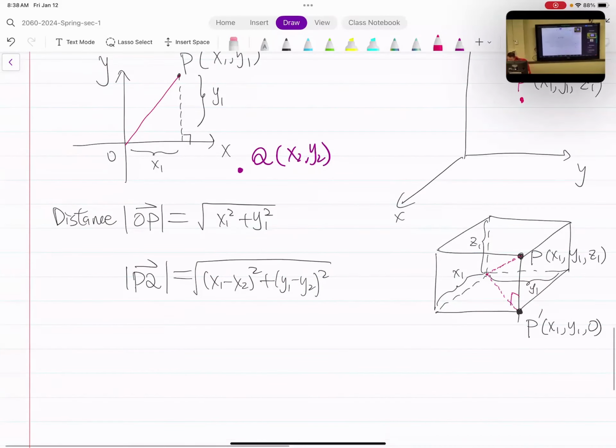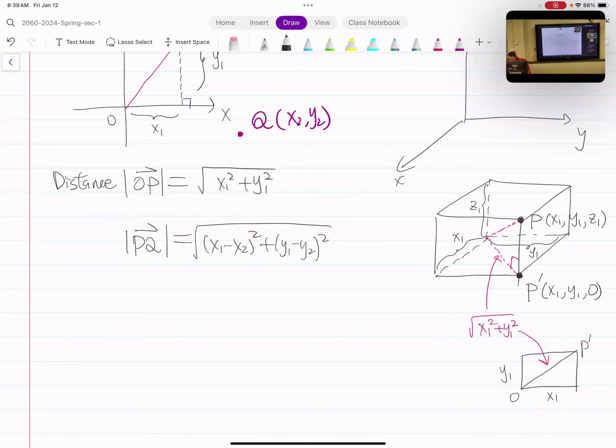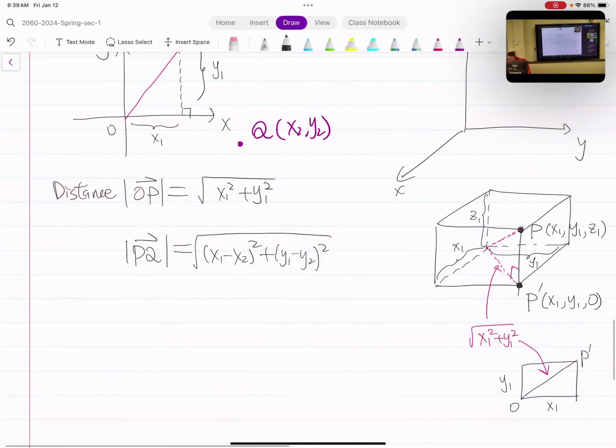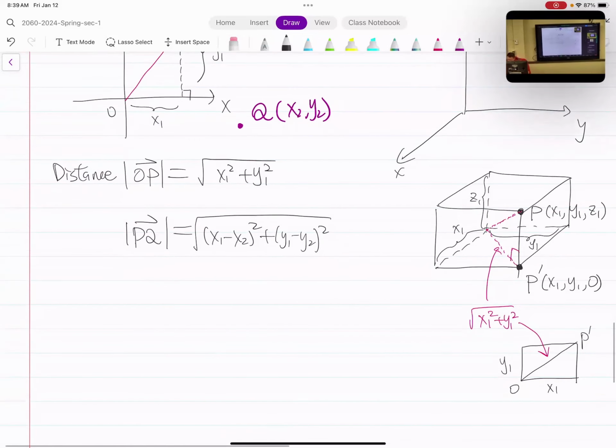Because if you look at the bottom, what do you see? You have along the x-axis x1 units, along the y-axis you have y1 units, right? And this diagonal is exactly this. So this is P prime. Okay, so this is the bottom.